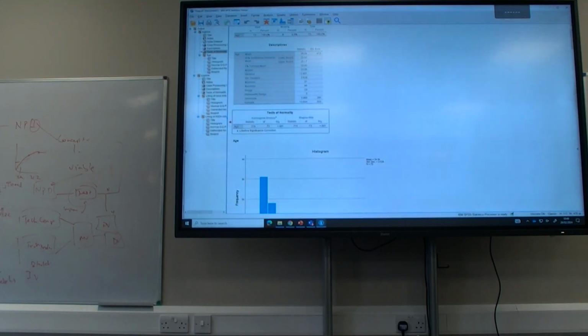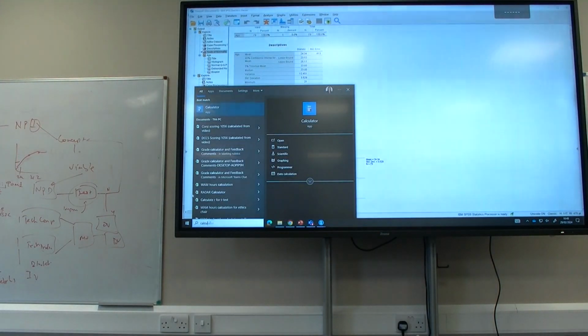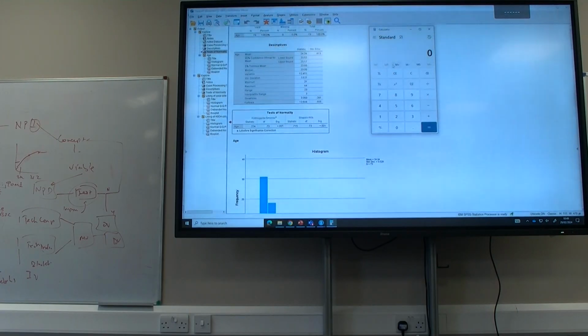It's not difficult, but you do need to do it manually. You've got a calculator app on your computer or your phone. To do the Z test, we just need to divide the statistic by its standard error.